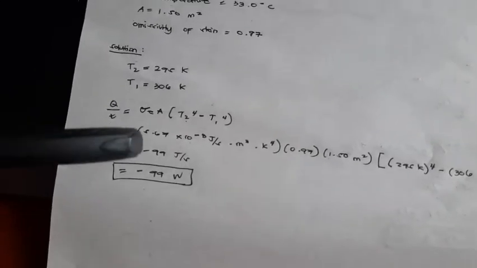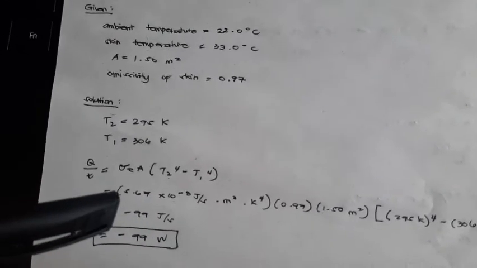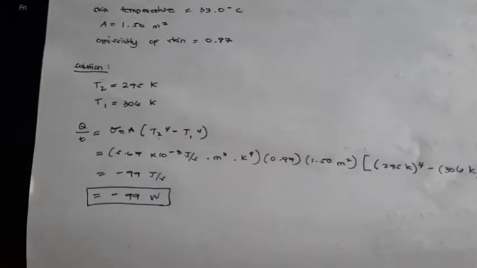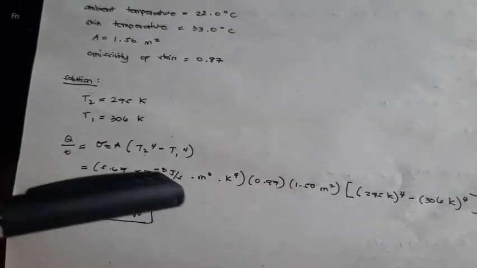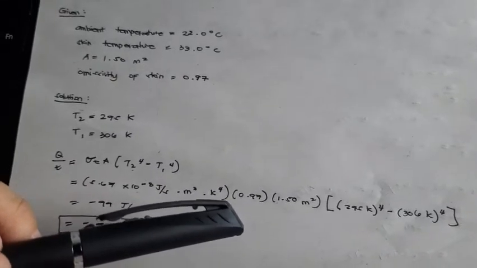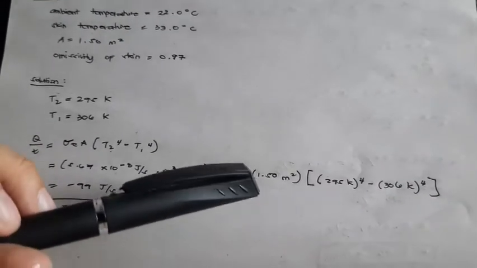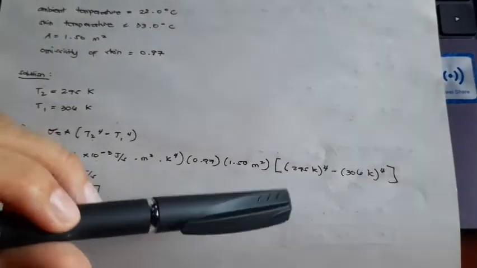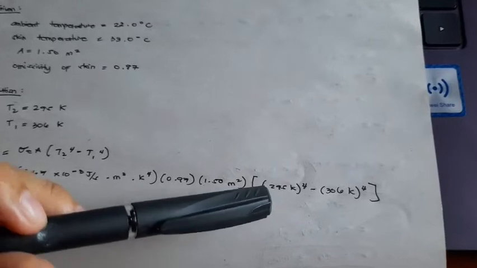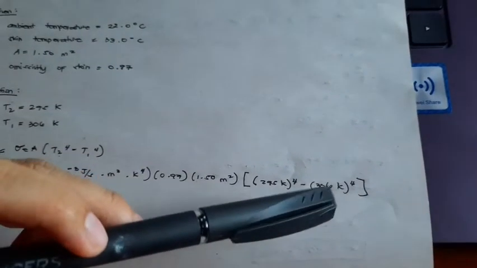Our sigma, the Stefan-Boltzmann constant, has a value of 5.67 times 10 raised to the negative 8 joules per second per meter squared per Kelvin to the 4th power, times the emissivity of skin, 0.97, times the surface area, 1.50 meters squared, times T2, which is 295 Kelvin, raised to the 4th power, minus T1, which is 306 Kelvin, raised to the 4th power.